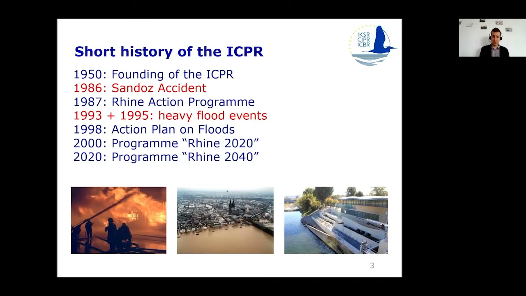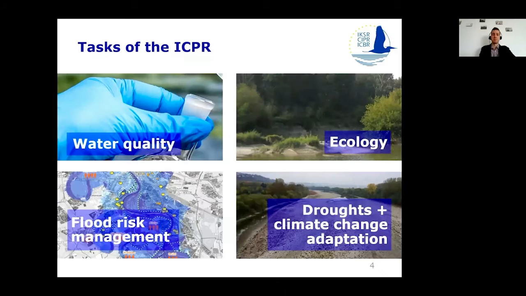So as a reaction, the countries set up the Flood Action Plan Rhine with ambitious measures. As you can already see, disasters have triggered the evolution of our commission, and they led to new initiatives. So finally, they've also led to the adoption of our new programs, Rhine 2020, and last year, Rhine 2040.